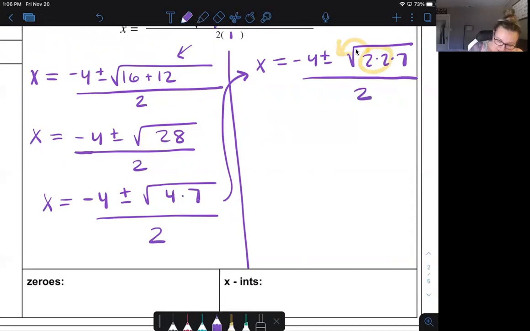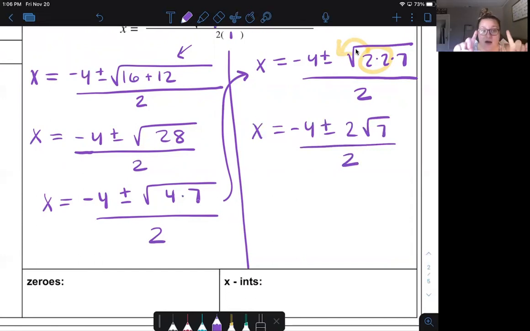So this becomes x is equal to -4 plus or minus 2 root 7 over 2. But we're actually still not done because this whole thing is being divided by 2, which means this -4 is being divided by 2, and so is the 2 in front of the 2 root 7. So we need to simplify that because -4 is divisible by 2, and so is 2.